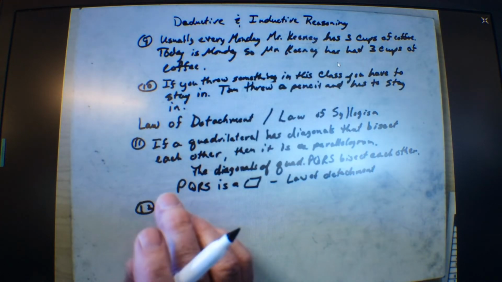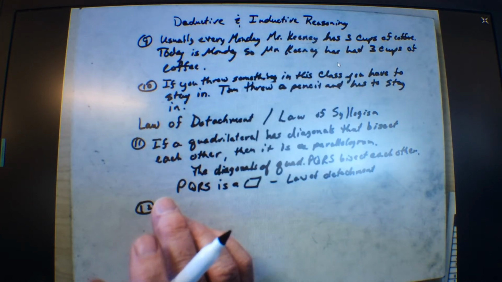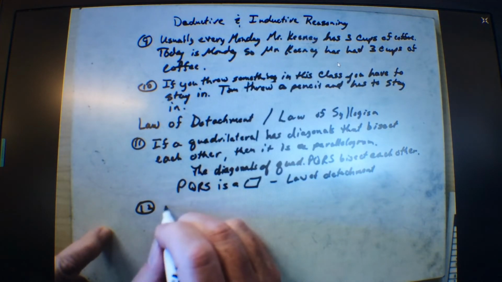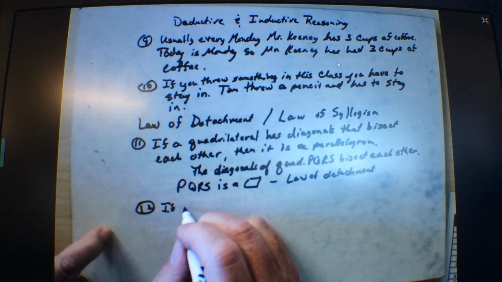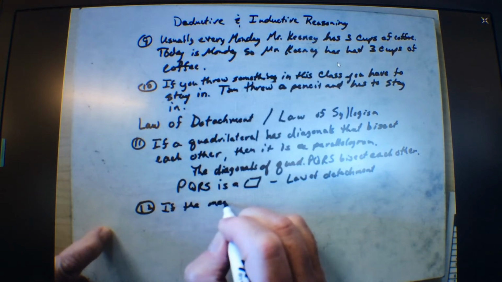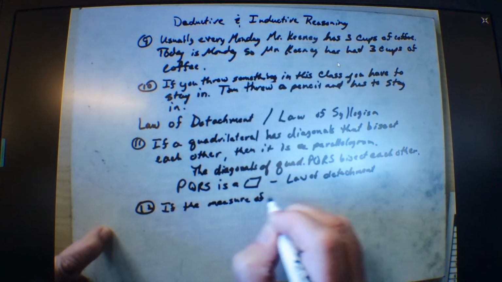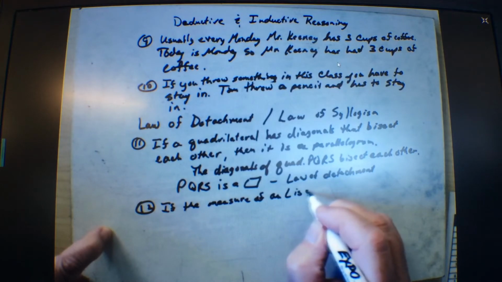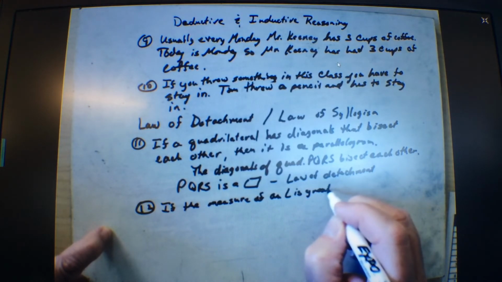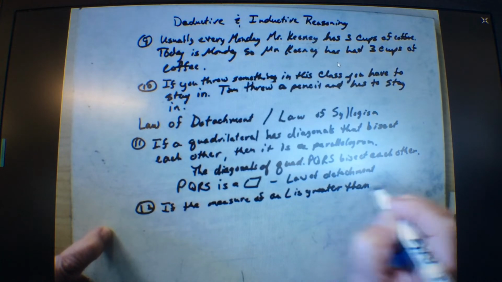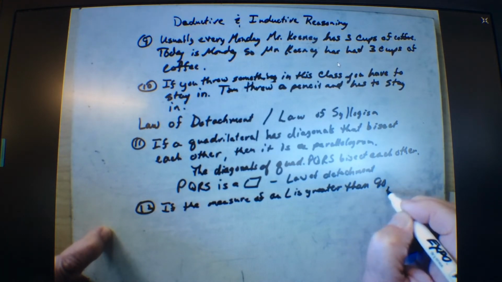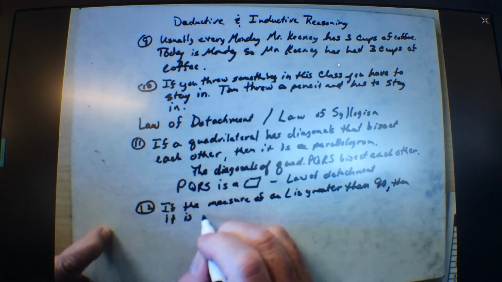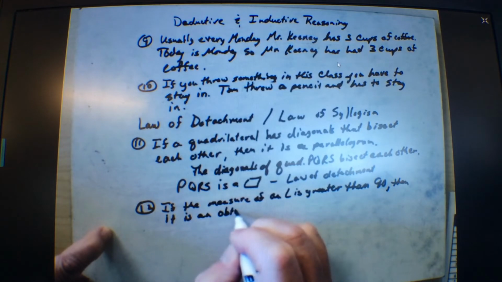Let me just try this instead. If the measure of an angle is greater than 90, then it is an obtuse angle.